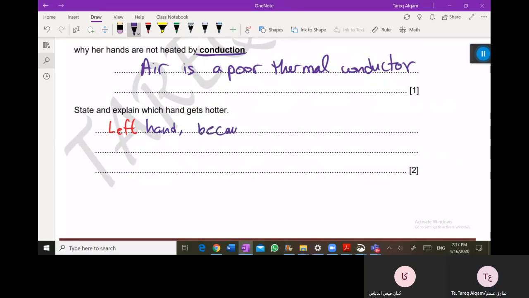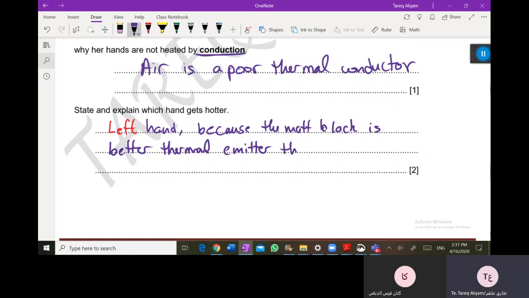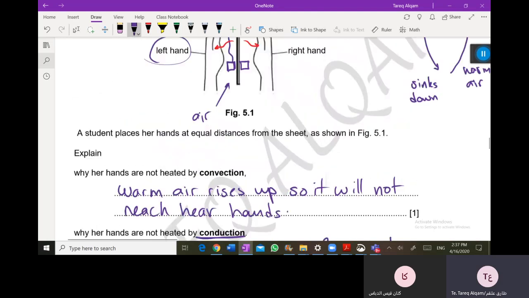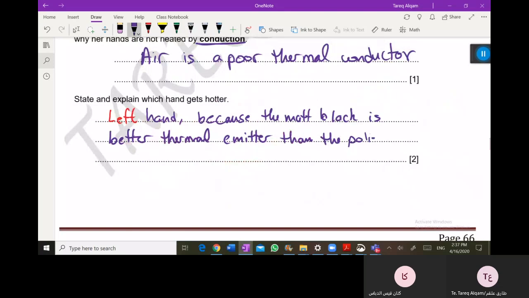because the matte black is a better thermal emitter than the shiny silver or polished side, right?